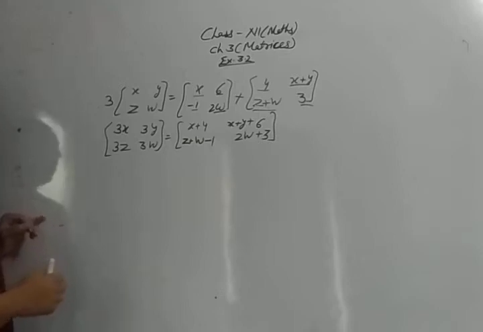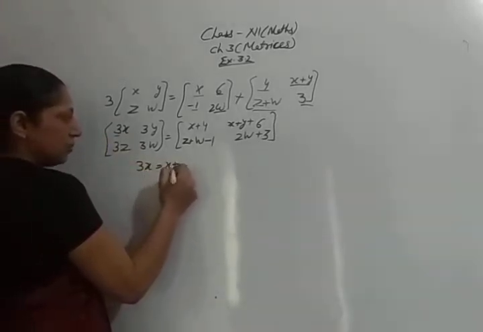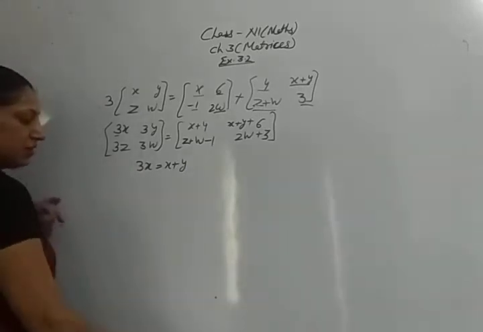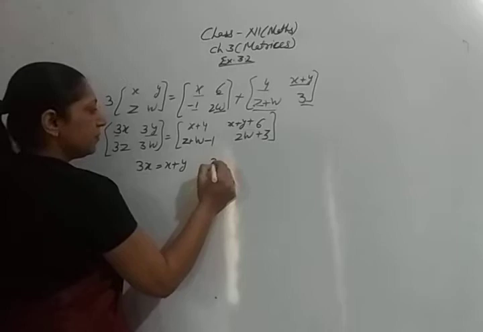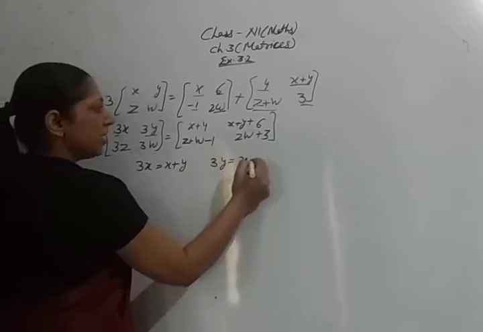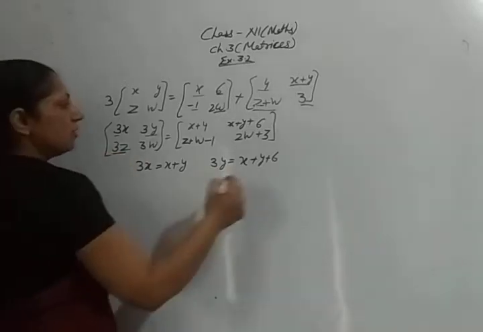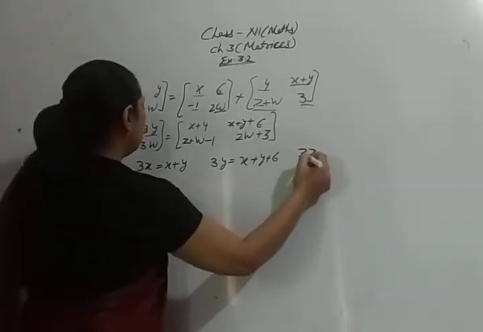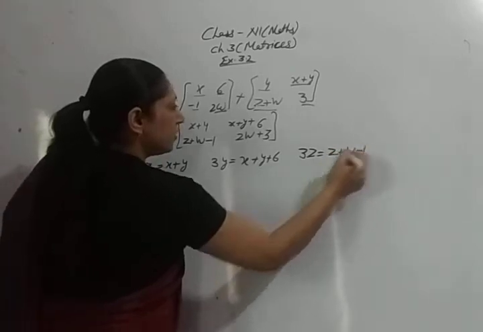Now compare the elements. So it's 3x equal to x plus 4. First equation. Now second equation is 3y is equal to x plus y plus 6. Third one is 3z equal to z plus w minus 1.